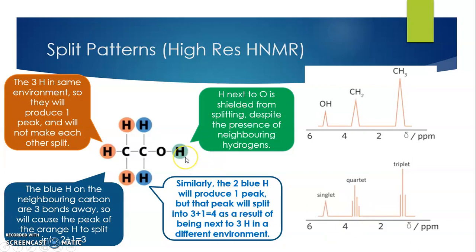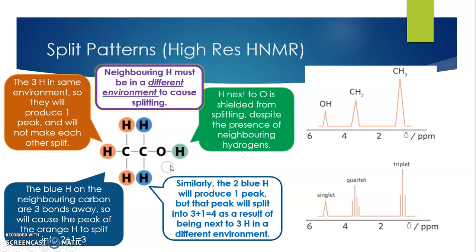Okay, so hydrogens right next to oxygen atoms will not split or cause splitting. So overall, the neighboring hydrogen must be in a different environment to the peak itself so as to cause splitting.